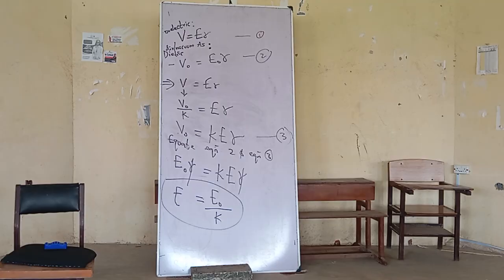As the dielectric is increased, the electric field between the plates is decreasing. If you have a strong dielectric, it simply means its ability to conduct will be reducing. So the more the dielectric, the lesser the electric field we have. But it will ensure safety, it will ensure that there is no breakdown.